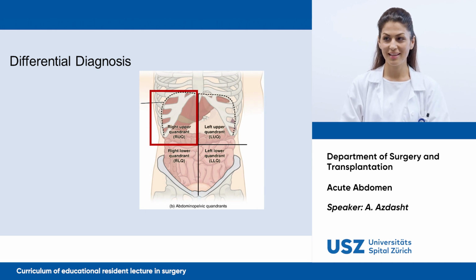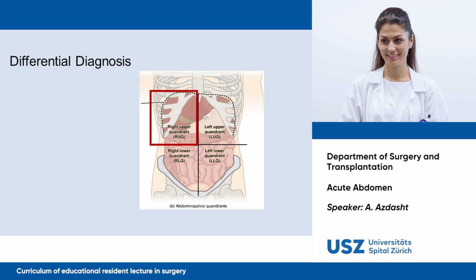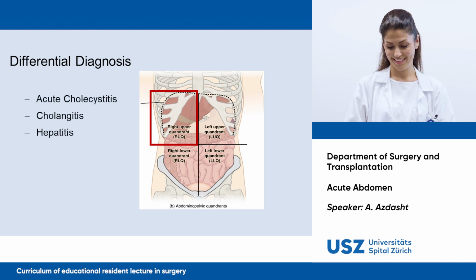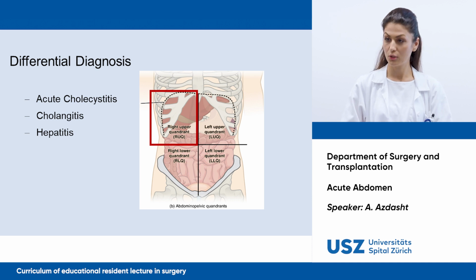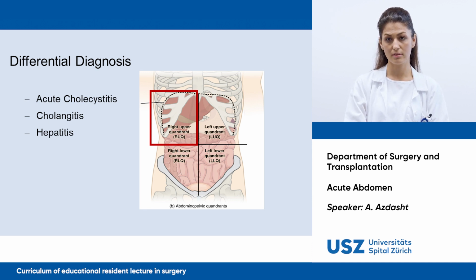Next question, if the pain is located on the right upper quadrant, what do we expect? Maybe acute cholecystitis. It's right, thank you. Exactly. It can be an acute cholecystitis. It can also be a cholangitis.